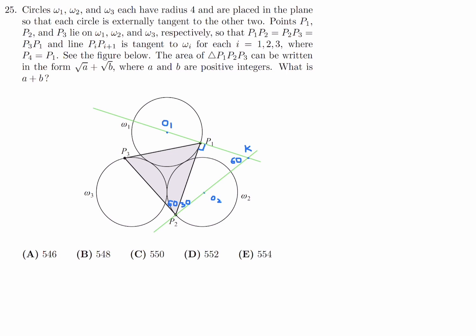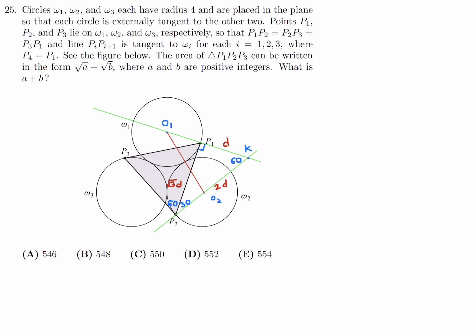So I will call this D. This will be 2D. And from here to here is root 3 D. Those distances. So now we will draw one final line from O1 connecting it to O2.